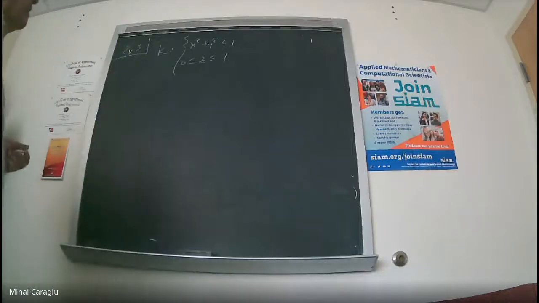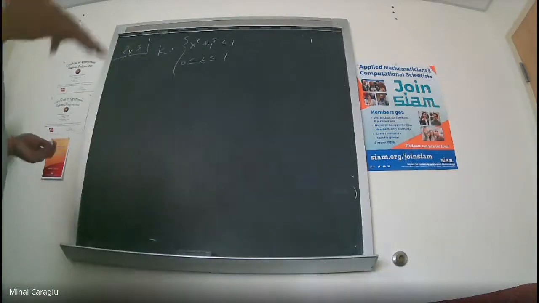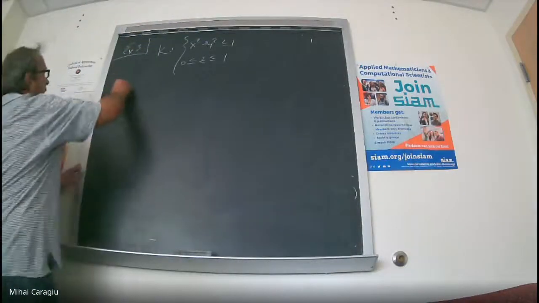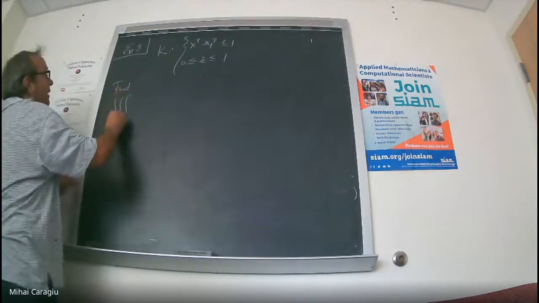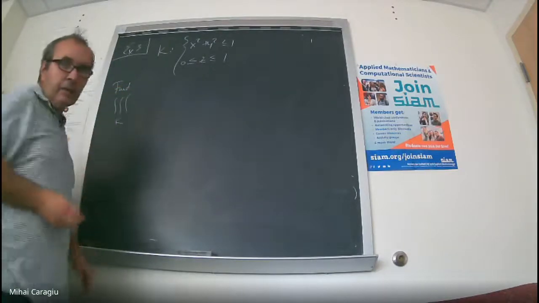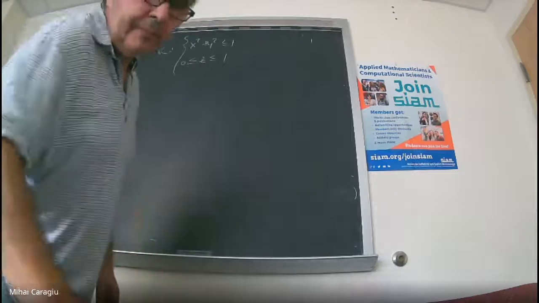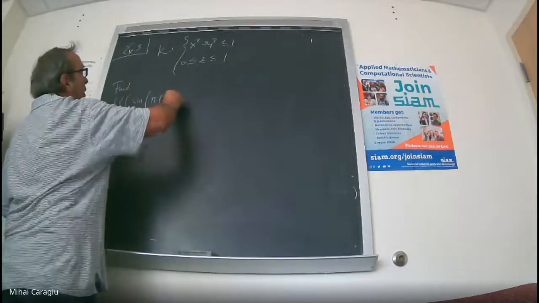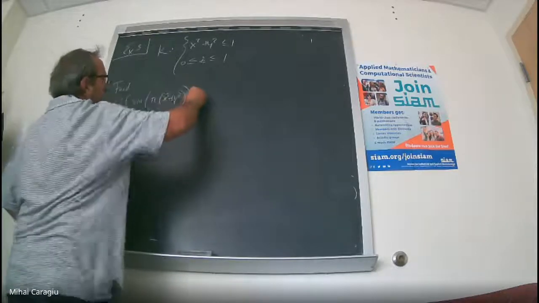So a solid cylinder with axis of symmetry the z-axis, radius 1 and height 1, right? So let's find the triple integral over K of sine of pi times x squared plus y squared, dV.